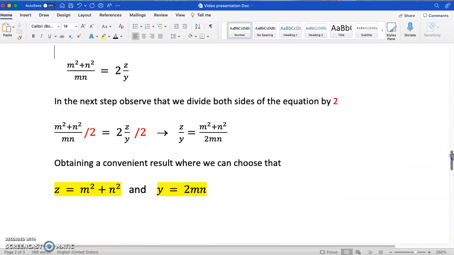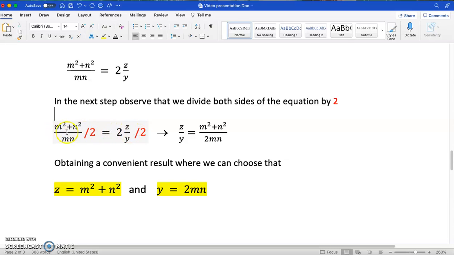Next, we're going to divide both sides of this equation by 2, so we can get rid of these 2s here.